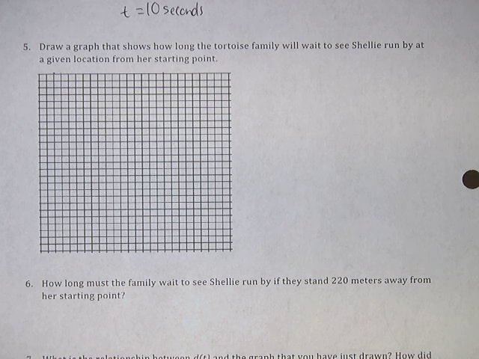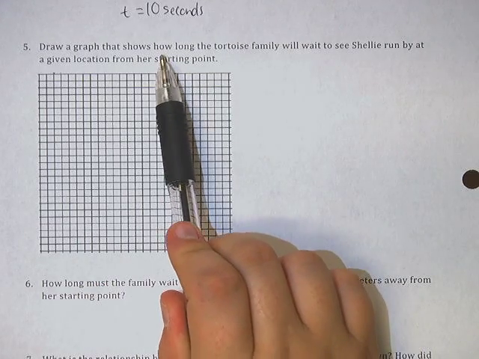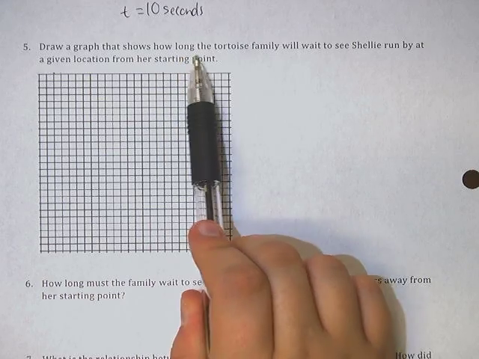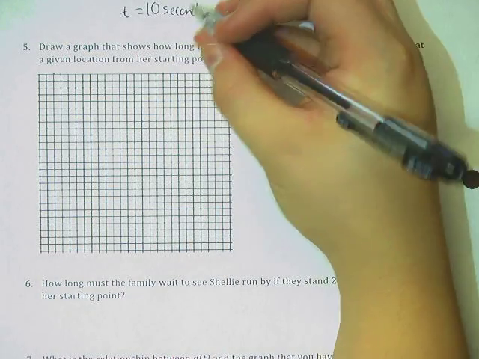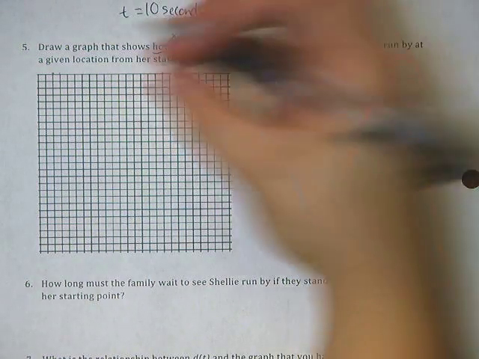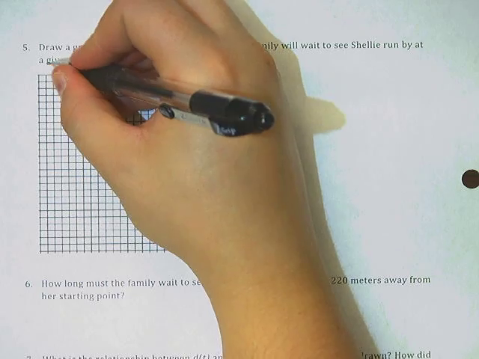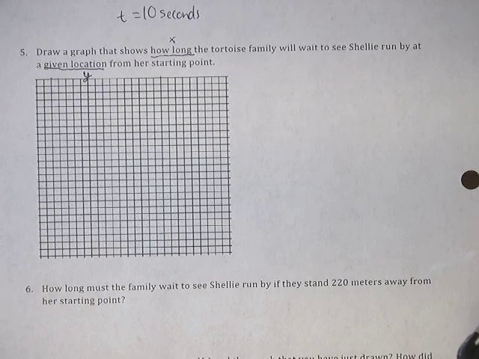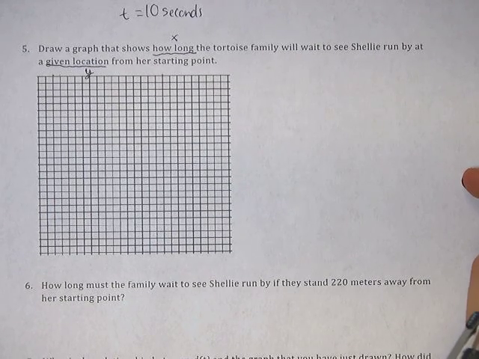All right, so now we're going to sketch a graph that shows how long the tortoise family will wait to see Shelley run by at a given location from her starting point. The way I'm reading this is that the time is our x, and the given location is our y.